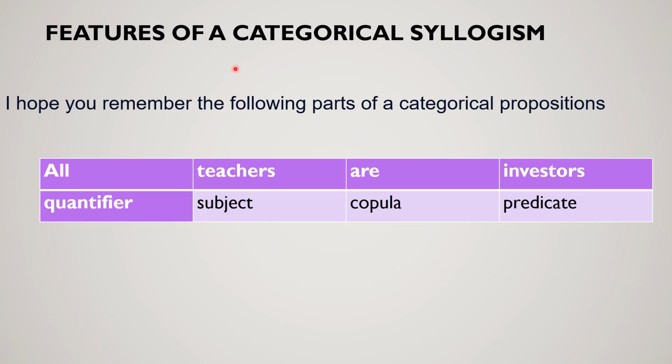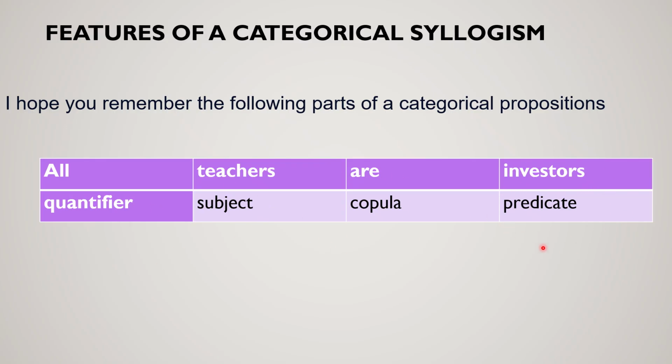Before we define syllogism, let us first do a recap of the first episode, what we discussed about categorical propositions. We see that a categorical proposition has four parts: the quantifier, the subject, the copula, and the predicate.